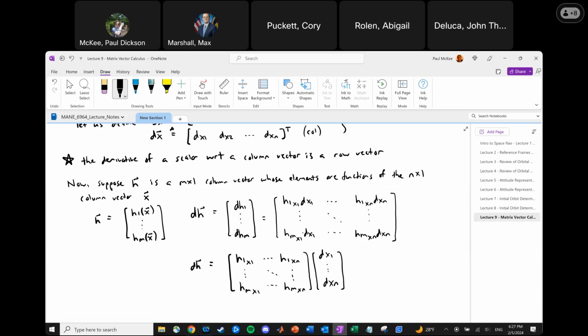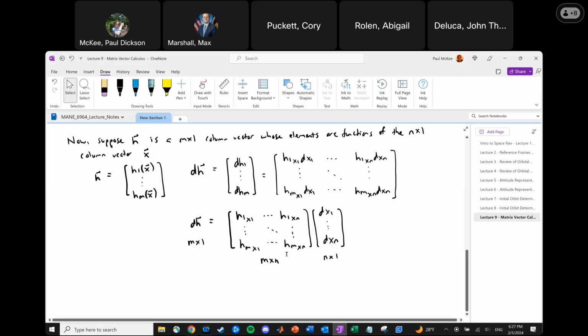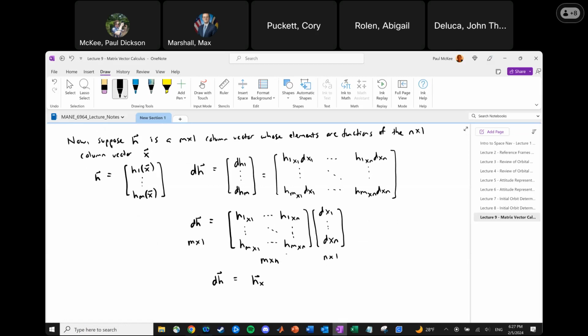So this is an m by n matrix, and this is an n by 1 matrix, and it should be clear that dh is an m by 1 vector. And so if we wanted to, we can write dh is equal to h sub x with two overbars, to be very clear that we are in matrix land, and then dx.